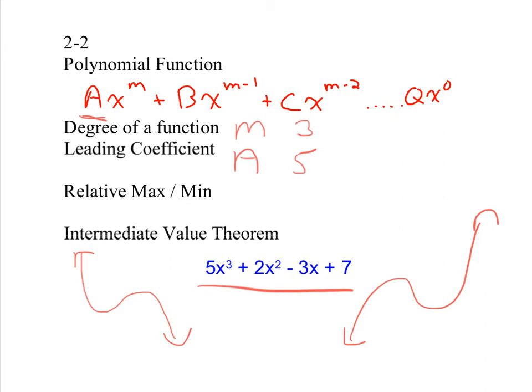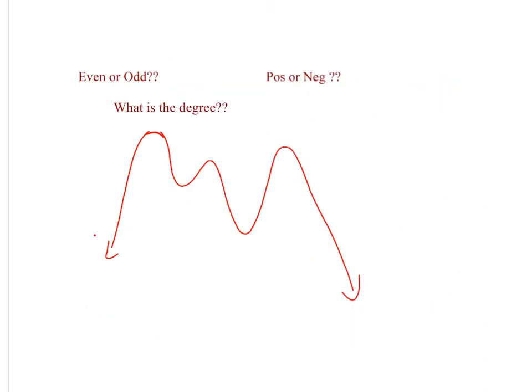Let's go on. Looking at this function right here, this red curve, is this an even or an odd function? This is going to be an even function because both ends of the function are doing the same behavior. In other words, this side and this side are both going down, so this is an even function.